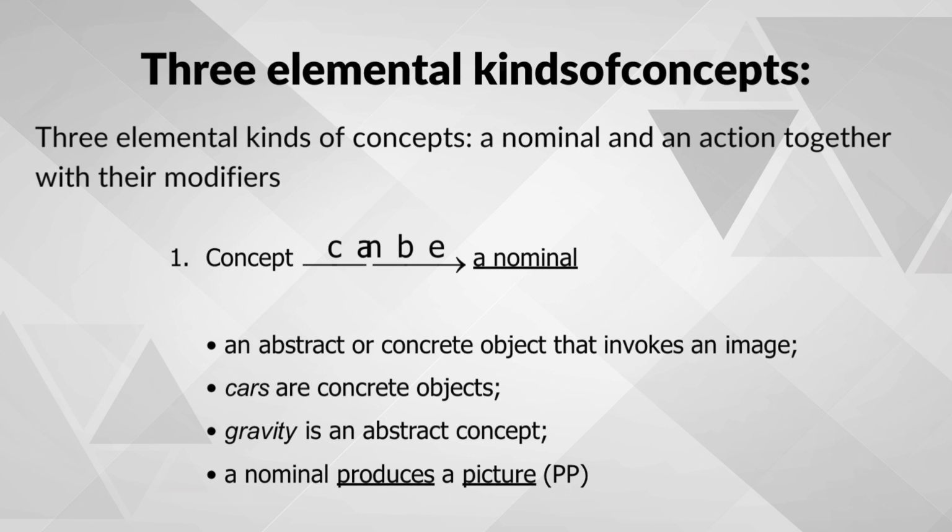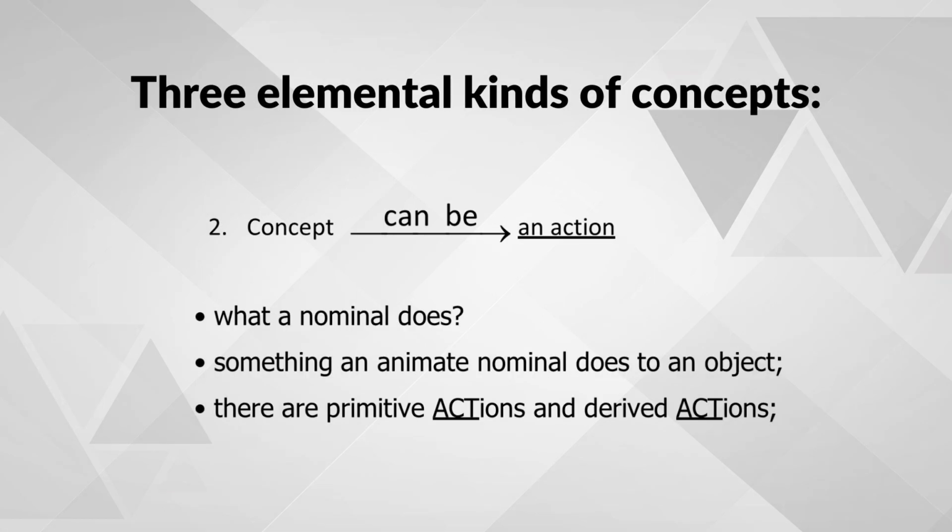In Schank's theory, another elemental type of concept is the action, which can be defined as what a nominal does. An action represents an activity or behavior typically performed by an animate nominal, which impacts an object. Actions can be further categorized into two types: primitive actions and derived actions.